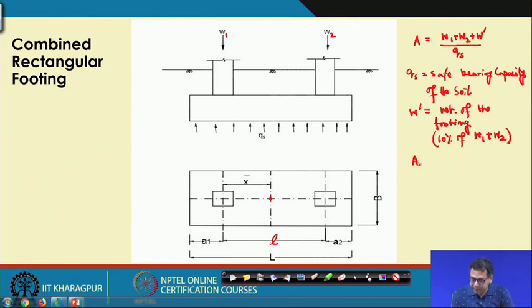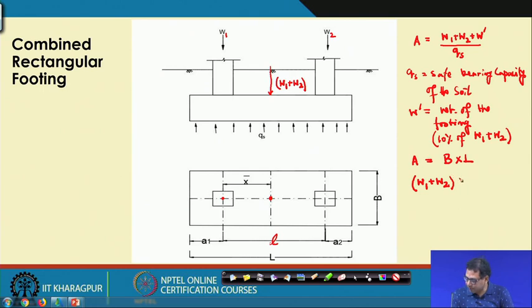suppose the dimension I get from that area is B cross L, okay. And then if I take the moment of this loading about this point, then I can write that W1 plus W2, because now I am assuming that the load is acting at the centroid, so W1 plus W2 is acting at the centroid of this footing.